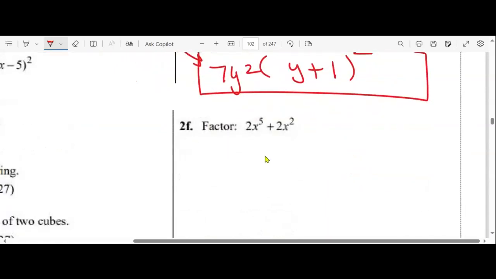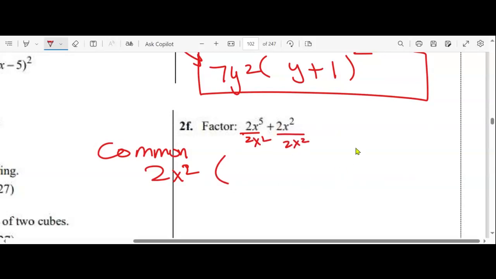Next one. What do we have here? What's common? 2x squared, right? Now divide by 2x squared for both sides. What's left? X to the power 3, right? And what do you get here? 1. Can I say 1 cubed? Same thing, right? Can I factor this?